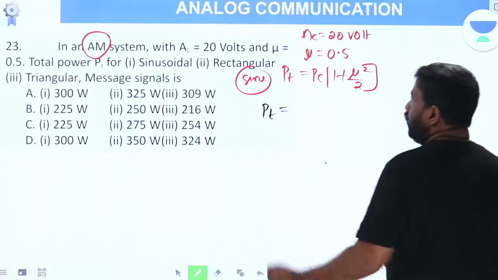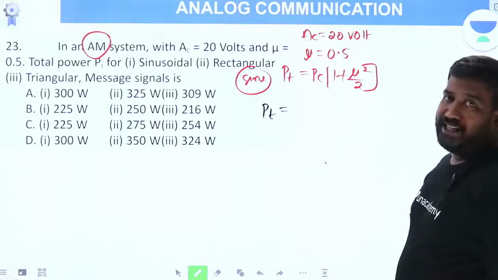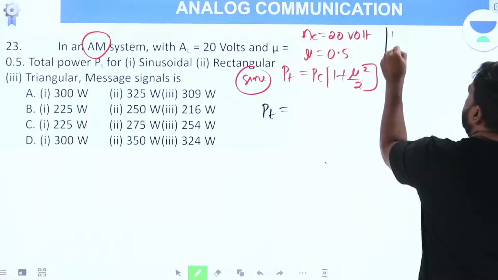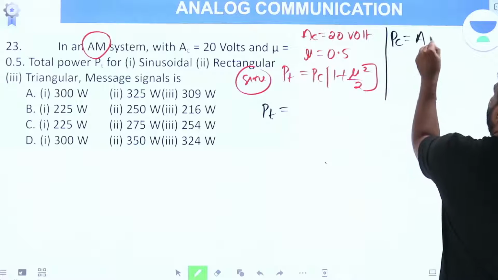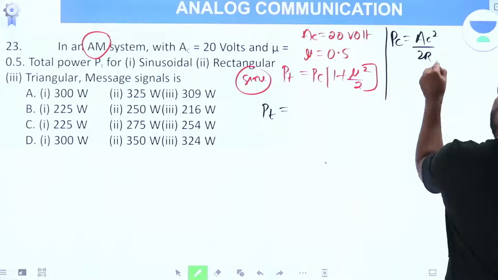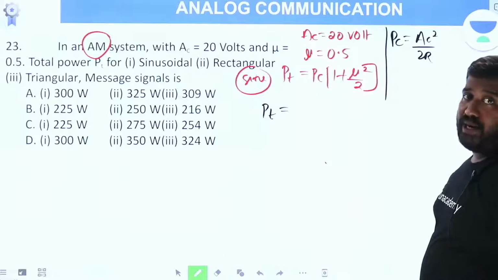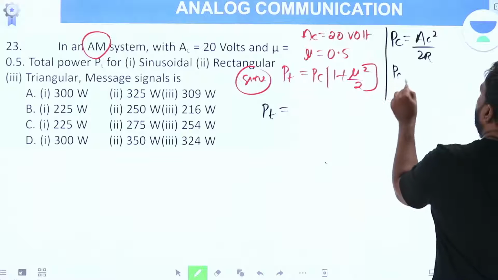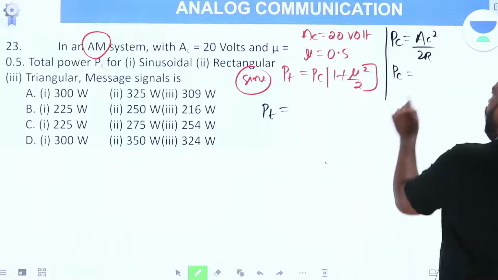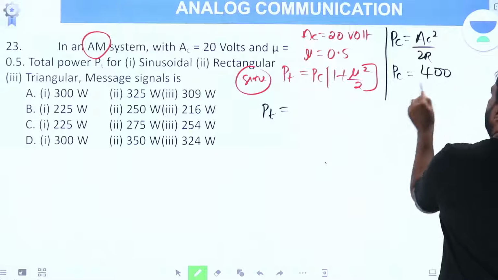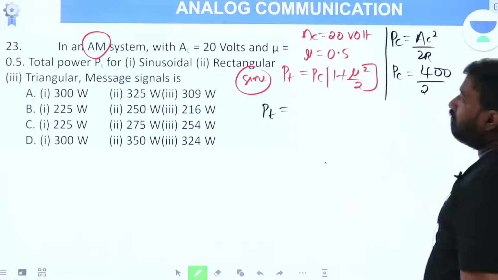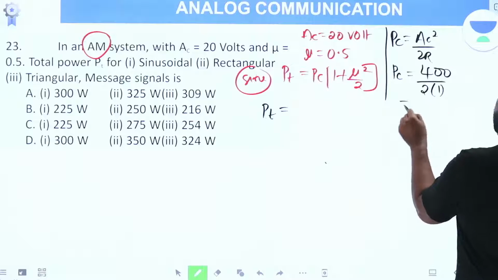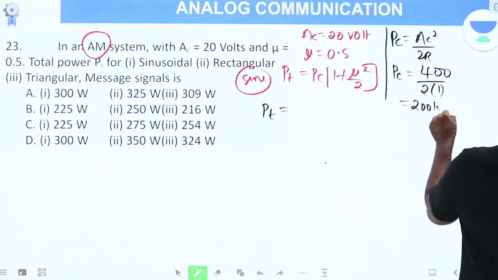Pt is equal to Pc into 1 plus mu square by 2. First you should find what? Pc. What is Pc? Pc is Ac square by 2R. Pc is Ac square, 400, by 2. R is given? No, R is not given. R is not given means by default 1 ohm. Therefore, carrier power is 200 watt.